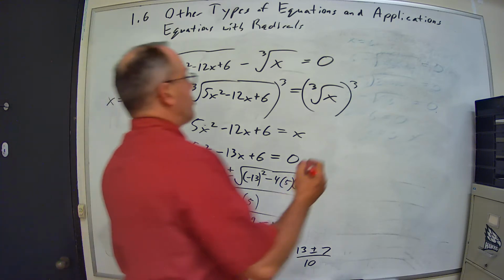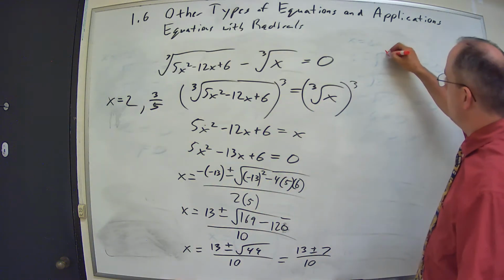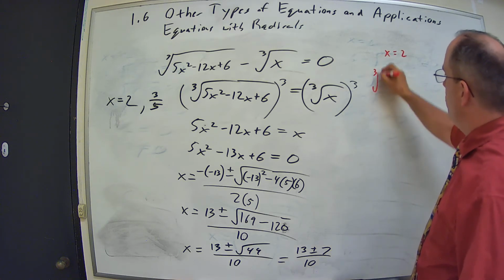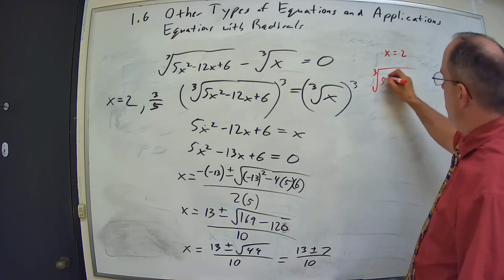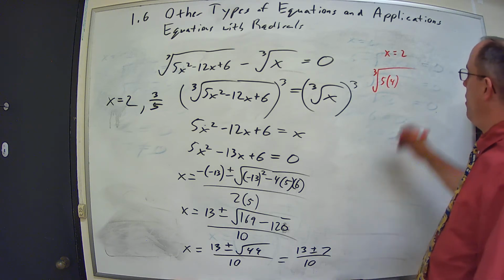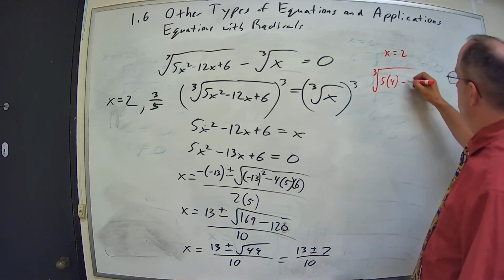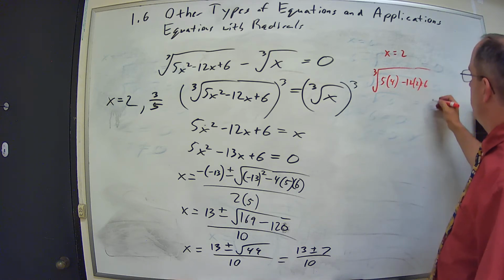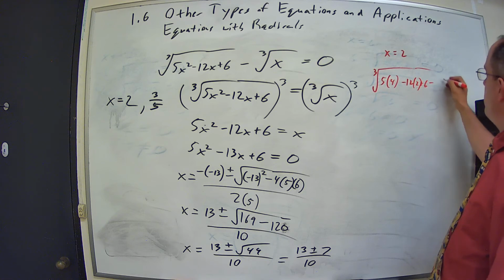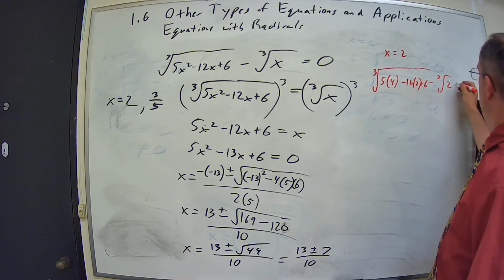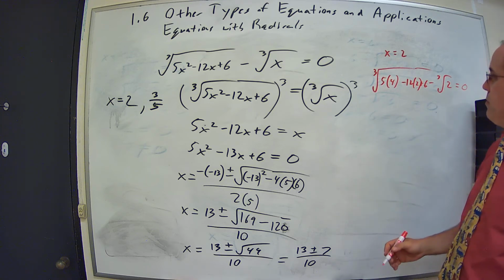So if x is equal to 2, then we have the cubed root of 5 times 4, 2 squared is 4, minus 12 times 2 plus 6, minus the cubed root of 2 is equal to 0.